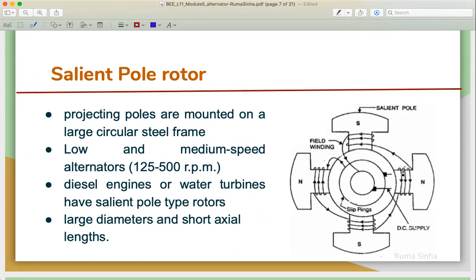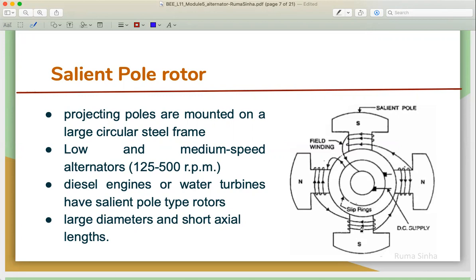Using the right hand thumb rule again, we can understand that this will be acting as a north pole. Here, the direction of current is opposite, so this will give us a south pole.